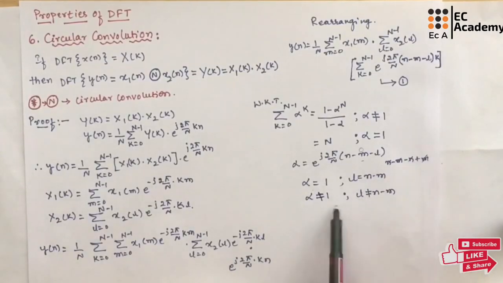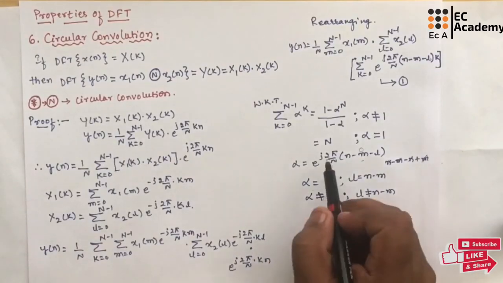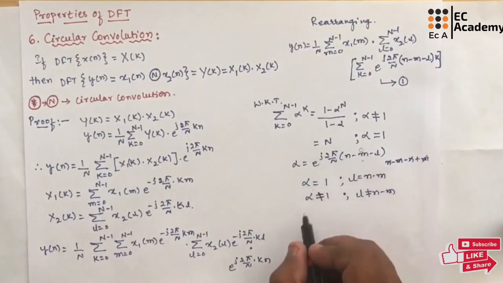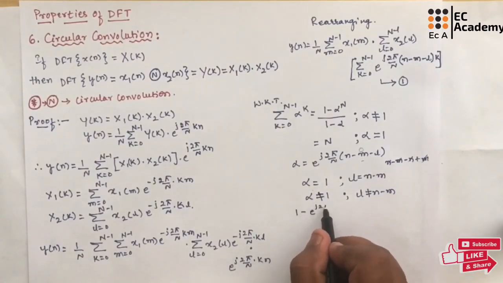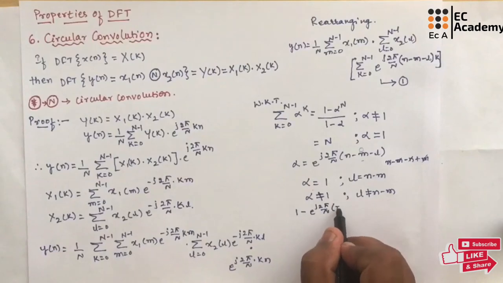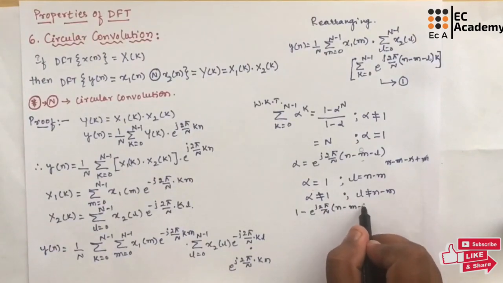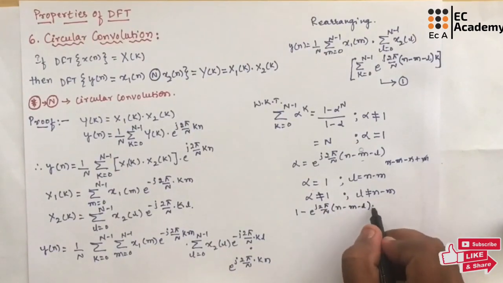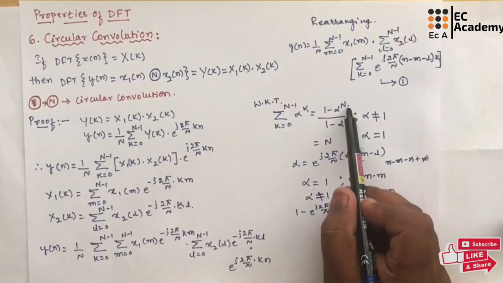Let us use this analysis in the above equation, and in place of alpha we will write this term. So we can write 1 minus e to the power of j 2 pi by n into n minus m minus L into n, whole to the power of n.